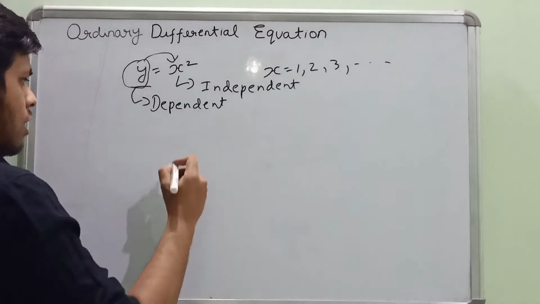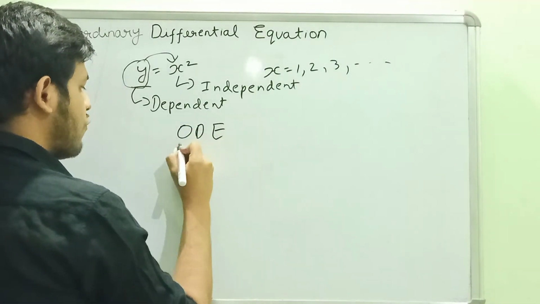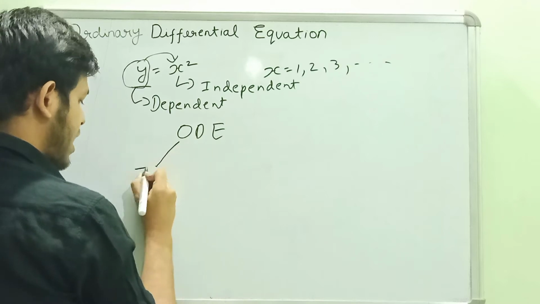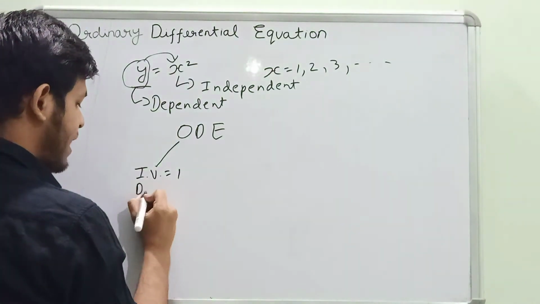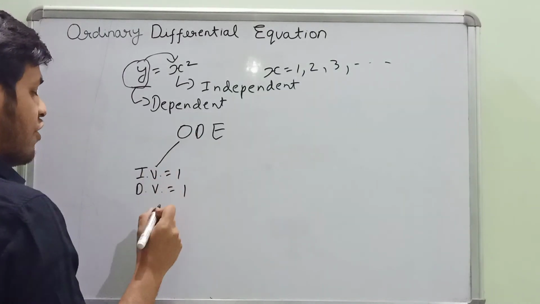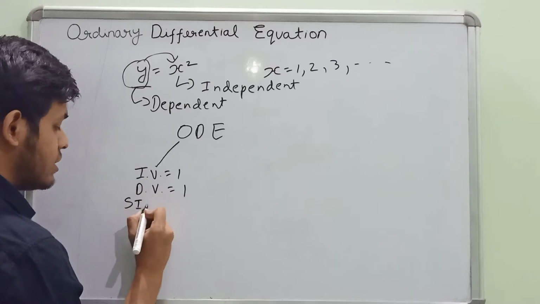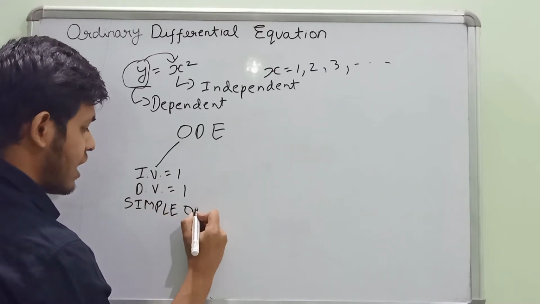Now let me tell you what the relation of dependent and independent variables is in a differential equation. Suppose in any ordinary differential equation the number of independent variables as well as dependent variables is 1, then that ordinary differential equation will be called a simple ordinary differential equation, right?